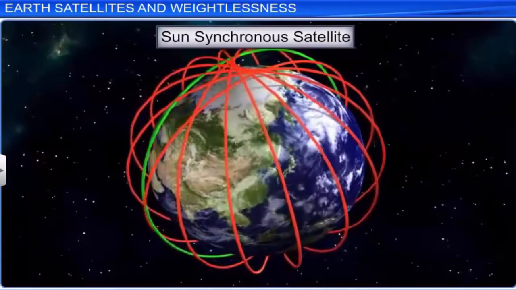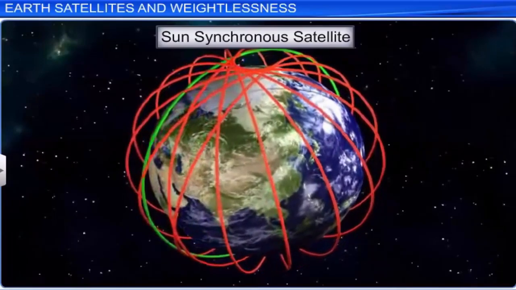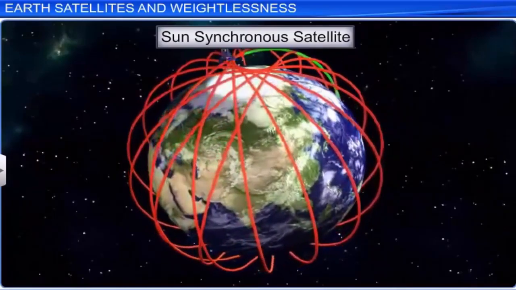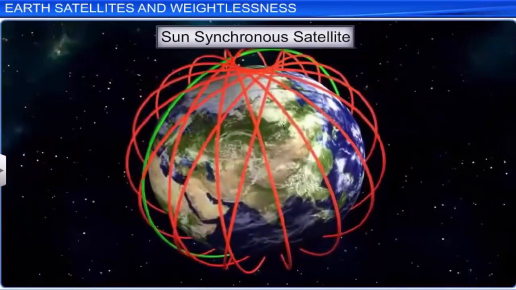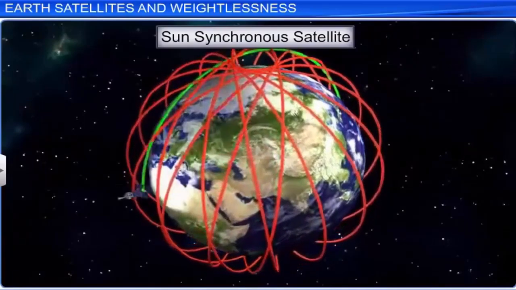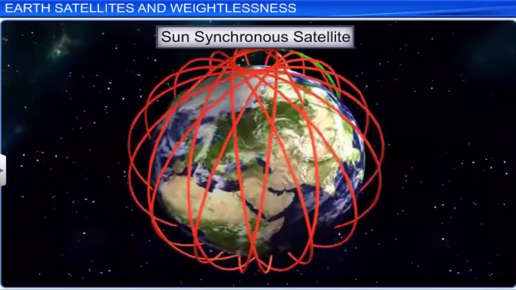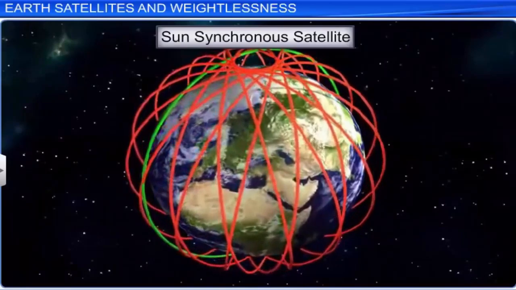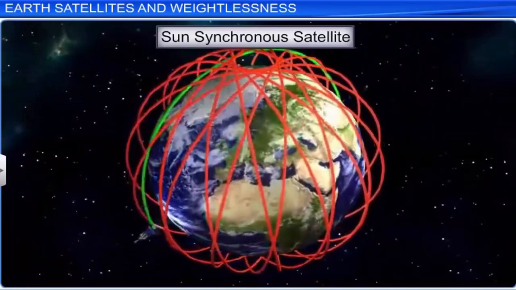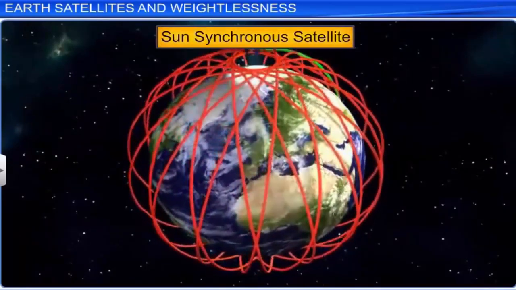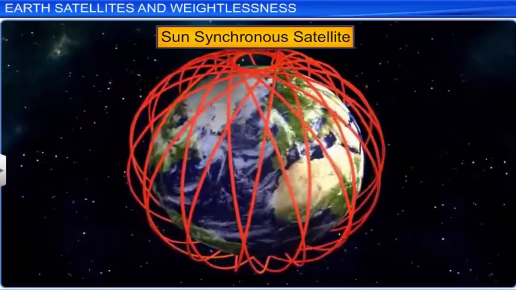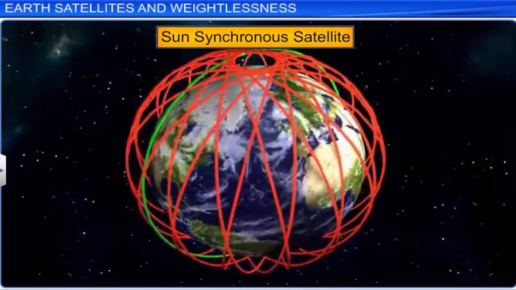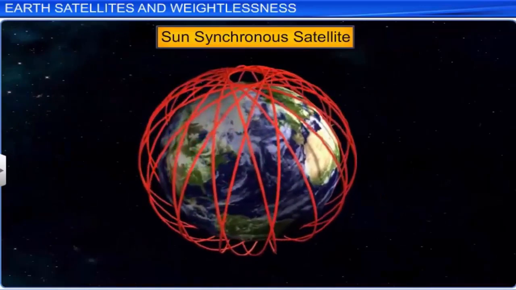Thus, the motion of the satellite is synchronized with the local sun time at the given place. Hence, these types of satellites are called sun-synchronous satellites. As they cover the polar regions for every revolution, these satellites are referred to as polar satellites.